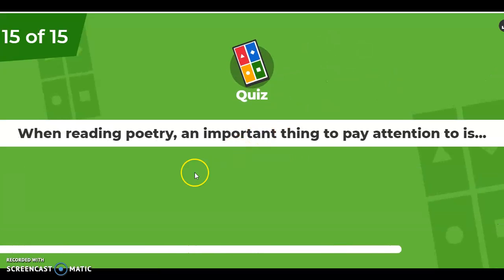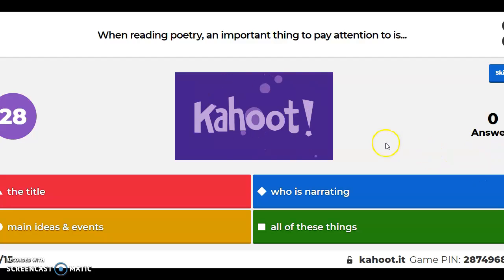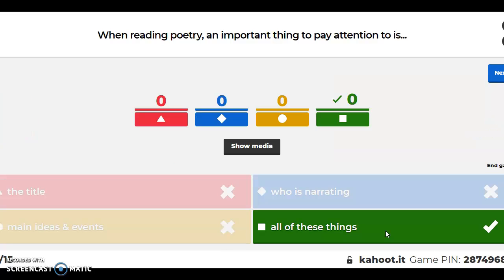When reading poetry, an important thing to pay attention to is the title, who's narrating, main events, main ideas and events, or all of these. All of these.